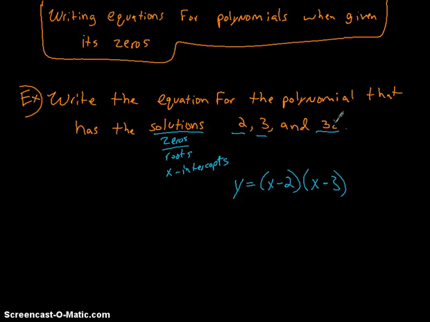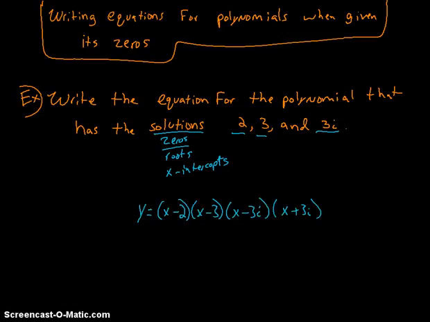So understand this. If we have an imaginary answer as one of our roots, x subtract 3i is a root. Also, the conjugate of that is a root. So if x subtract 3i is a root, x plus 3i is also a zero. I'm going to rewrite this again so I have more space. So here it is again.